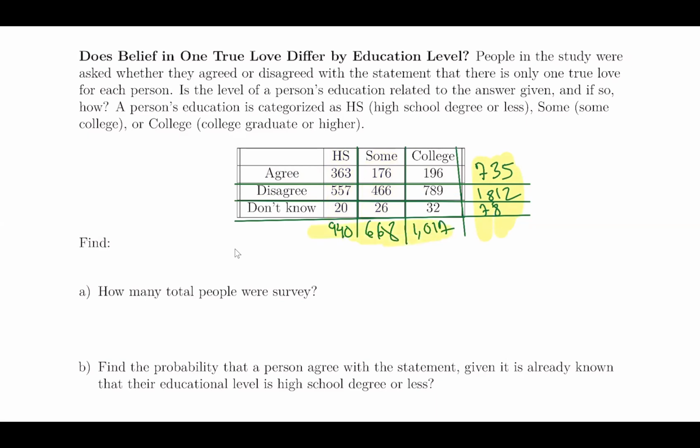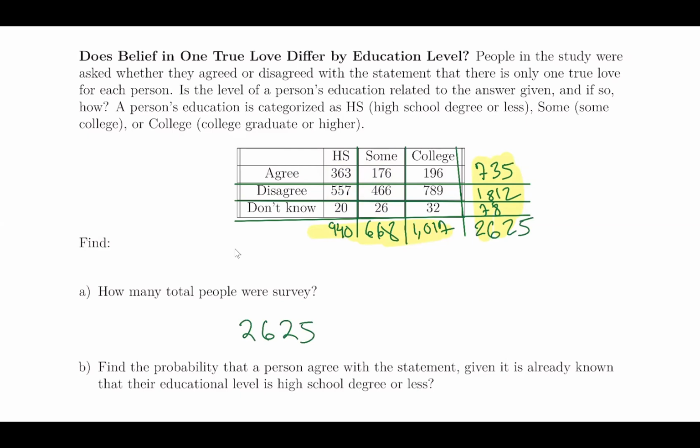So 940 plus 668 plus 1017, you get 2625. All right, so for part A, where it says how many total people were surveyed, the total amount of people that were surveyed was 2,625.